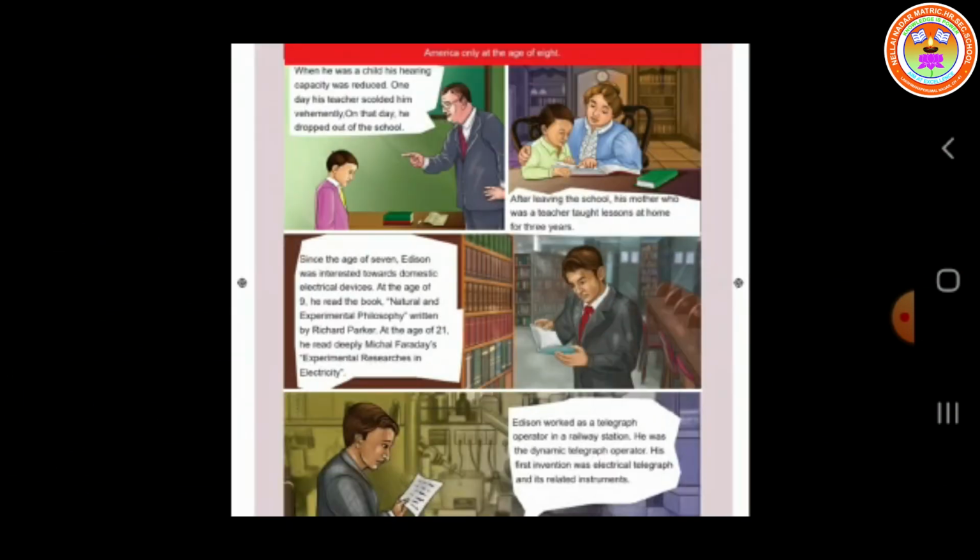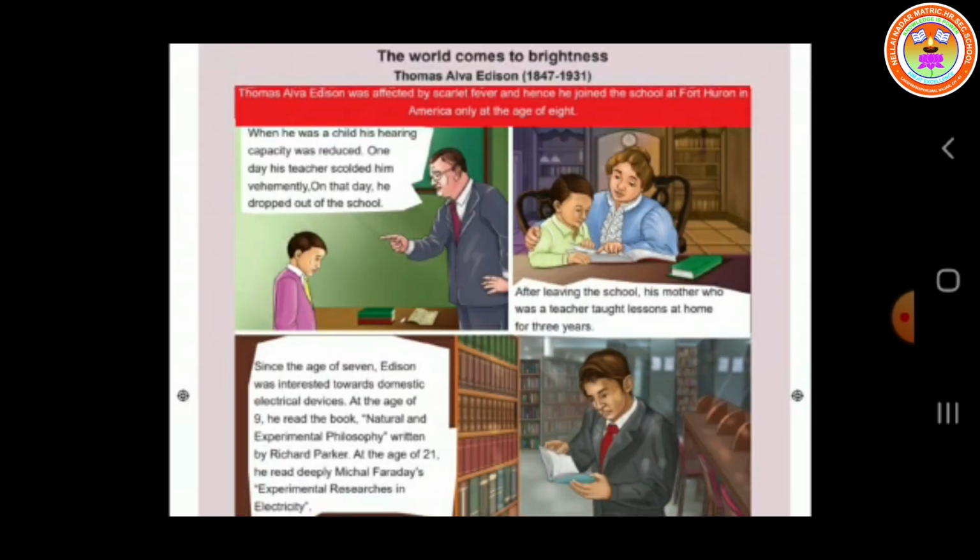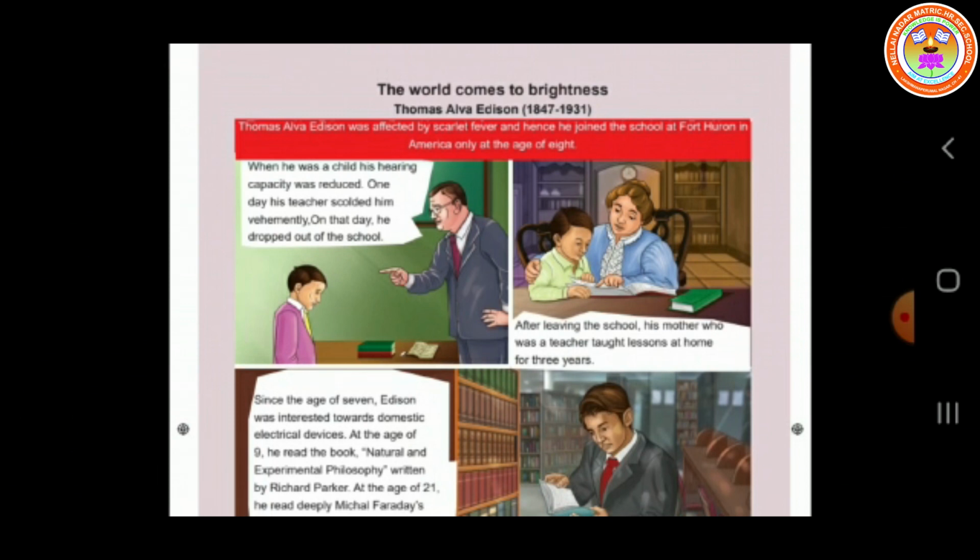So, we will discuss Thomas Alva Edison. When he was a child, his hearing capacity was reduced. One day, his teacher scolded him, and that day he dropped out of school. After leaving school, his mother, who was a teacher, taught lessons at home for 3 years.